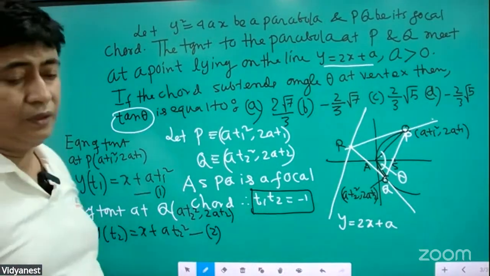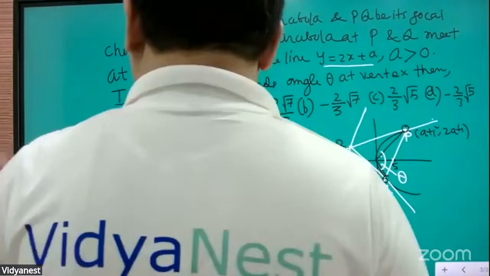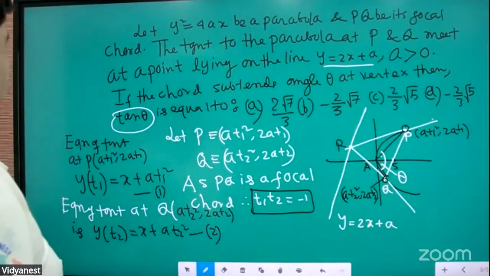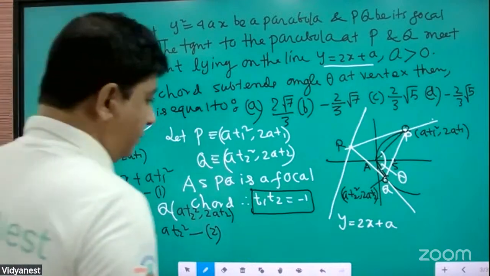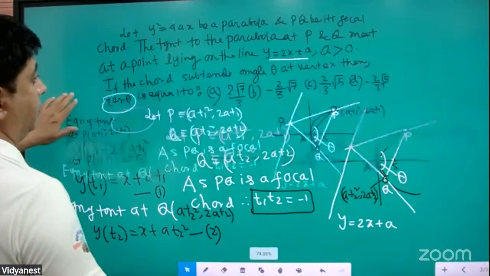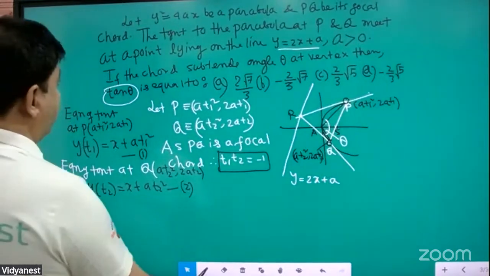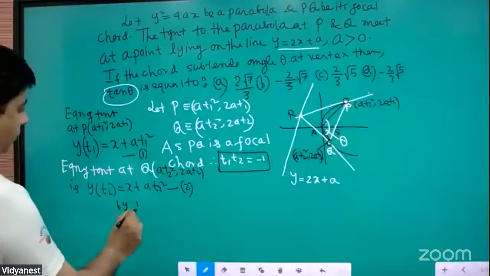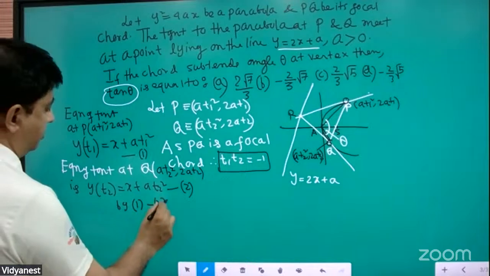Okay. Now we have to solve it. How to solve? By elimination method or any other method. See, you subtract 1 minus 2.